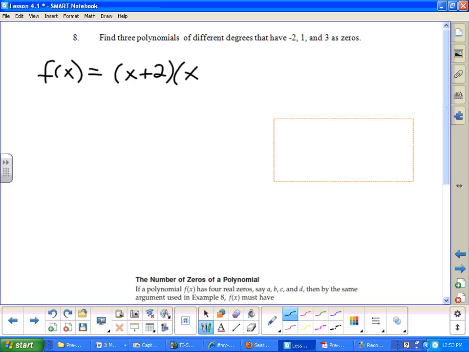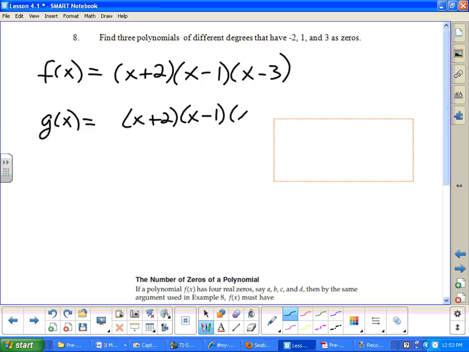x minus 1 and x minus 3, right? All right. So I'm going to write that 3 times, because those are my zeros, aren't they?